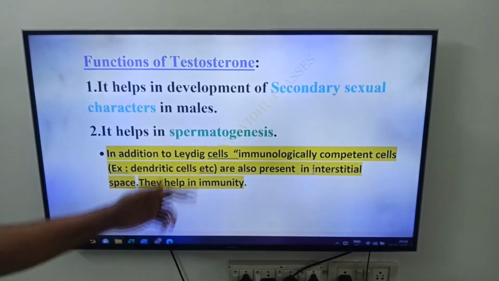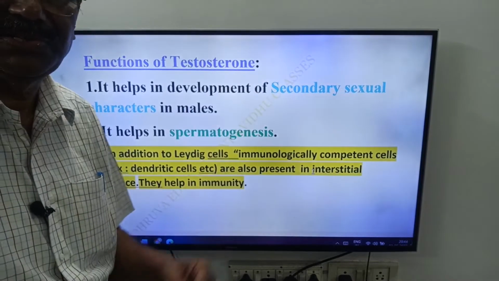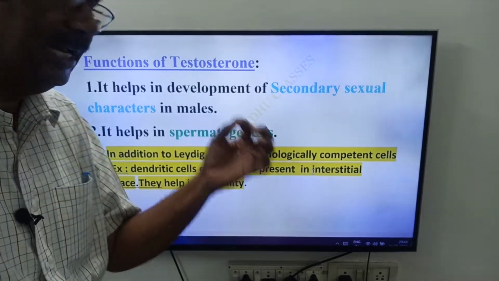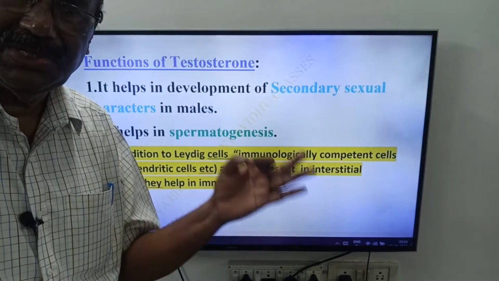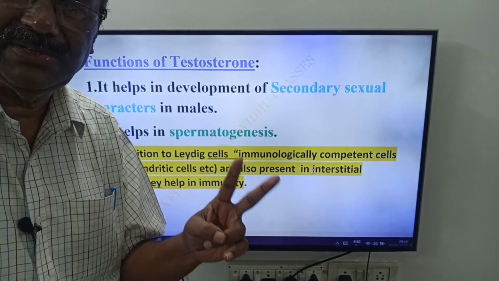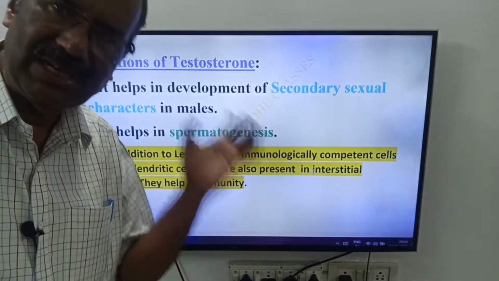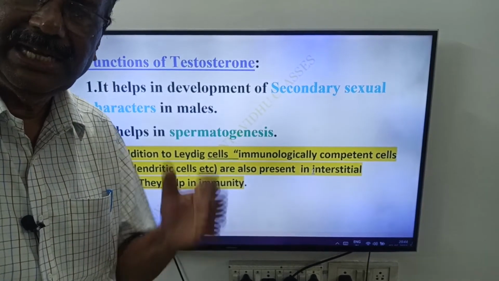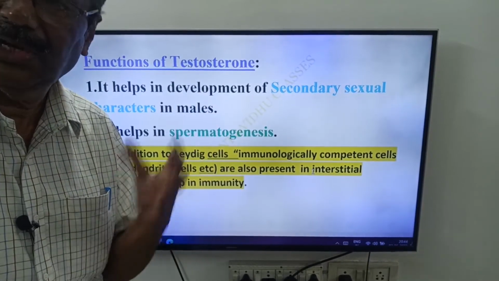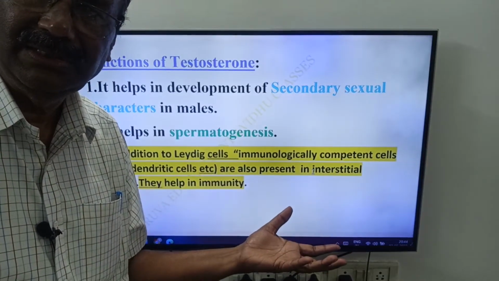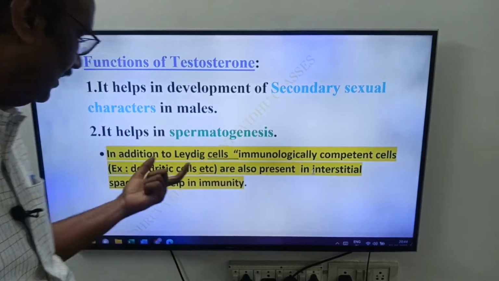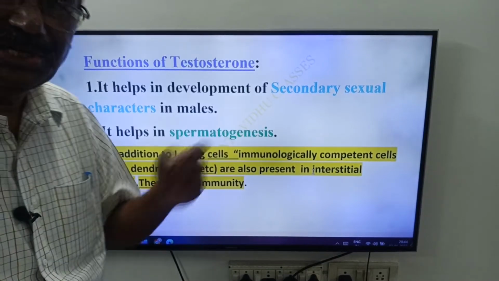Next, it helps in spermatogenesis. So testosterone has two functions, friends. It helps in the development of secondary sexual characters like mustaches, voice, and musculature in males. Next, it helps in spermatogenesis.